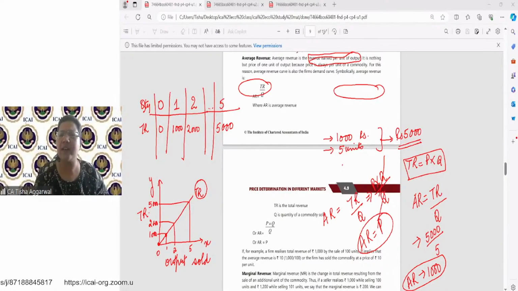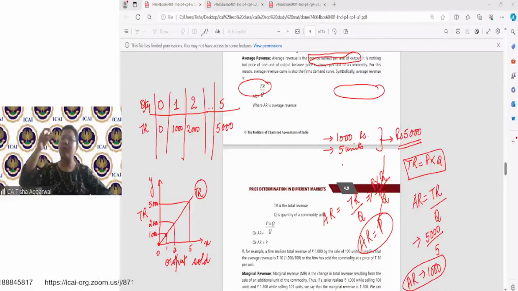Yes, very good, Yukta. Average revenue is nothing but price. Okay, Abhinandan, I will repeat it for you. Abhinandan lost his connection, so let's make him understand what is average revenue. Average revenue is what revenue you earn per unit of output. So for example, you earn 5,000 rupees by selling 5 quantity.